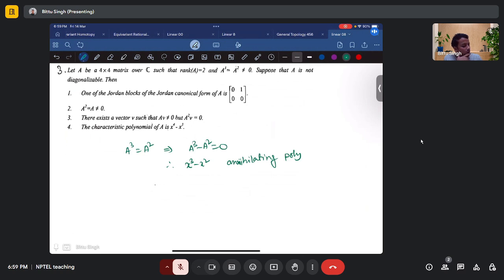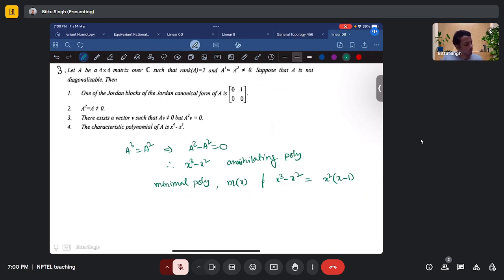Therefore, suppose this is the minimal polynomial of A. This divides x cube minus x square, right? But this is same as x square into x minus 1.